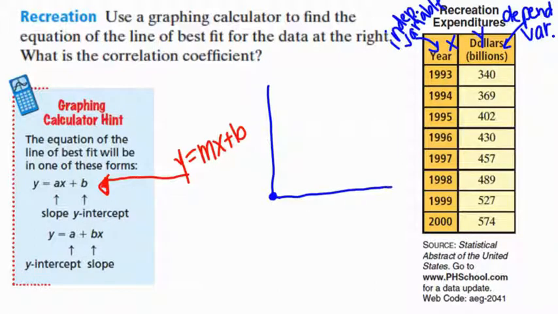So my starting point here, since it includes information from 1993 to 2000, I would probably, in this case, say that 1993 corresponds to 0, and 1994 corresponds to 1, and 1995 corresponds to 2, and 3, and 4, and 5, and 6, and 7.